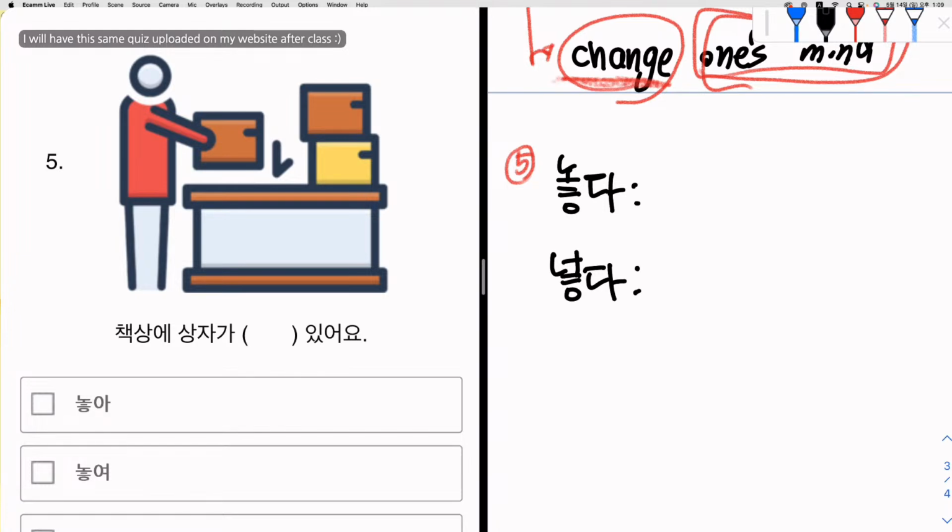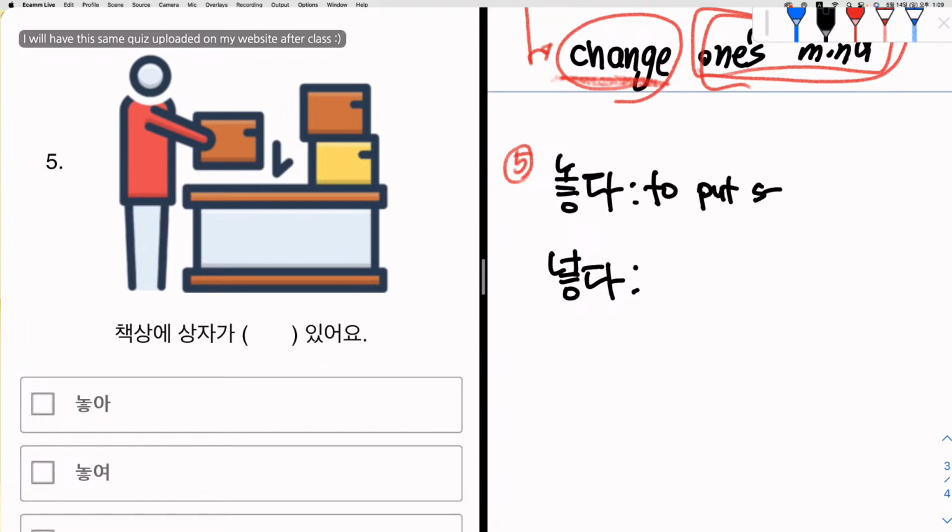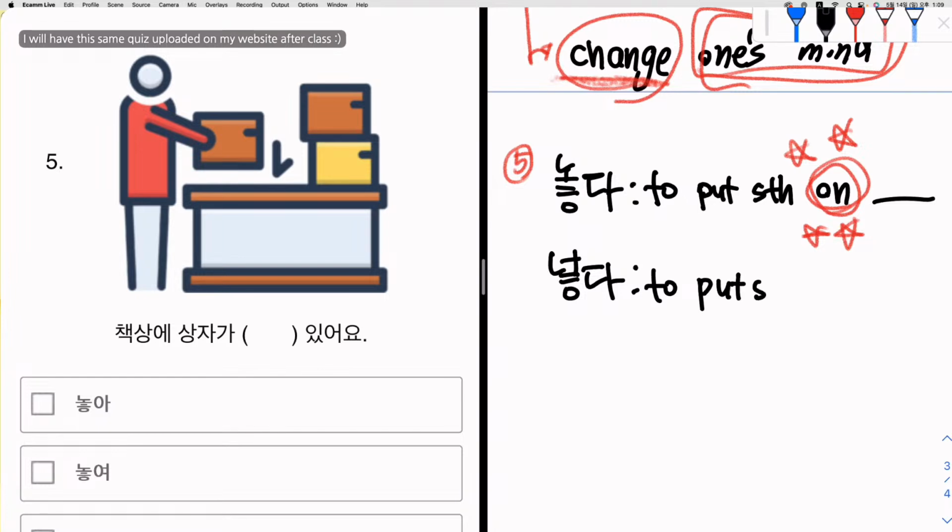Do you guys remember the difference? So 놓다 means to put or place something on somewhere. The emphasis is on. To put something on somewhere. And 넣다 is to put something inside somewhere, right? Inside.